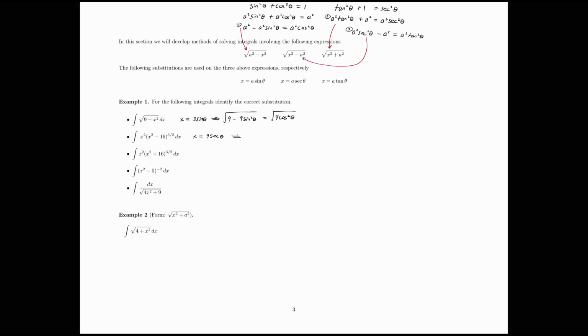And then this will make this 3/2 term turn into 16 secant squared theta minus 16, which is 16 tangent squared theta to the 3/2. And then it's a perfect square, so that works out. Here, we're going to have x equals 4 tangent theta.